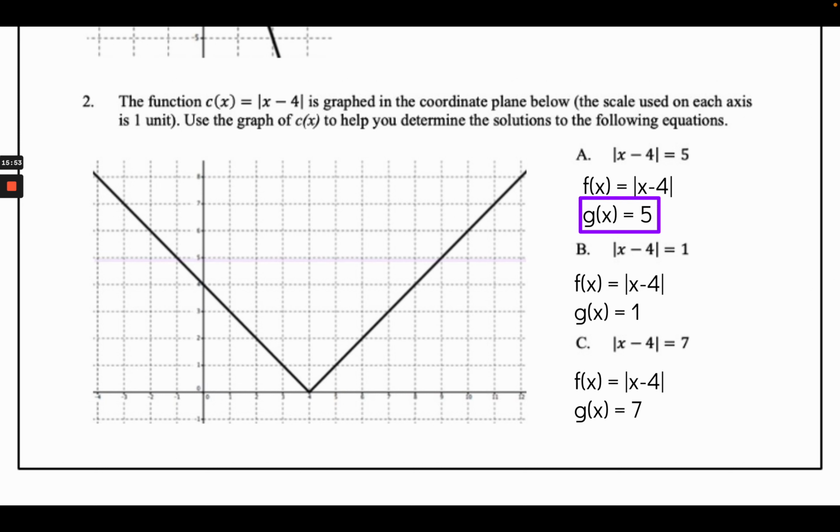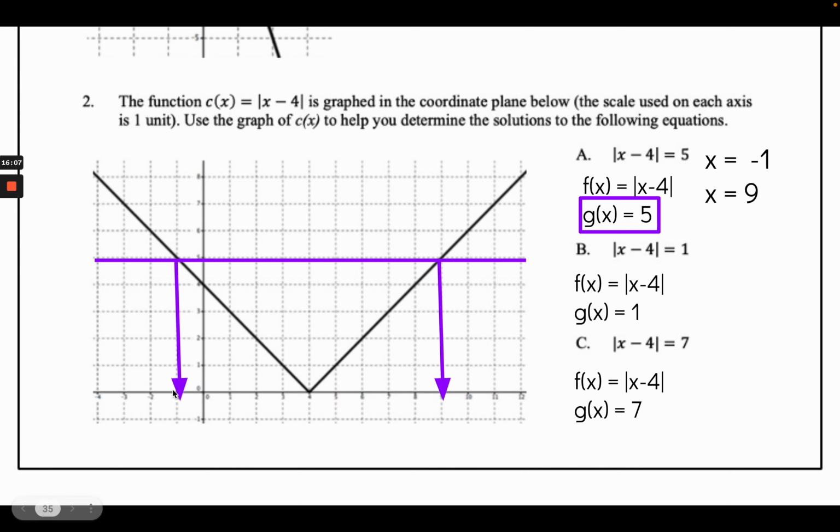And let's graph g of x equals 5. And where does it hit my absolute value graph? It hits right there. So my first answer is going to be negative 1, because x equals negative 1. And my second answer is x equals positive 9. So it hits two places.